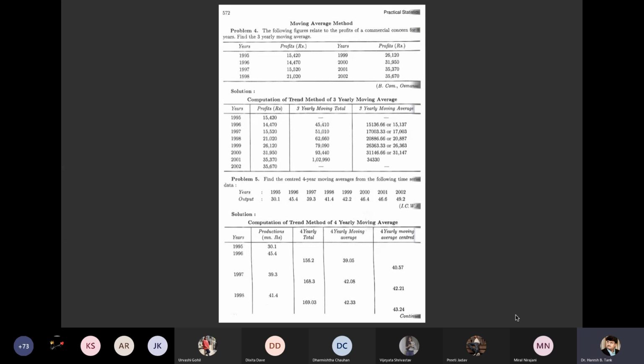First of all, you have to rewrite the data set in column format. The first column is of year. The second column is profit in rupees. Just write it down.